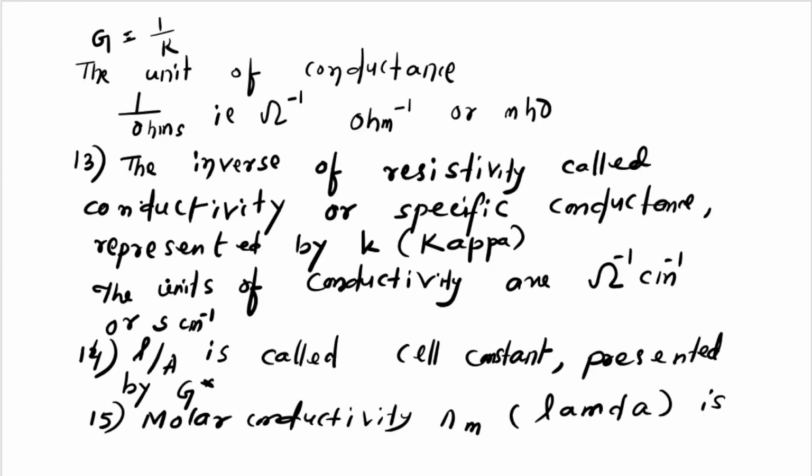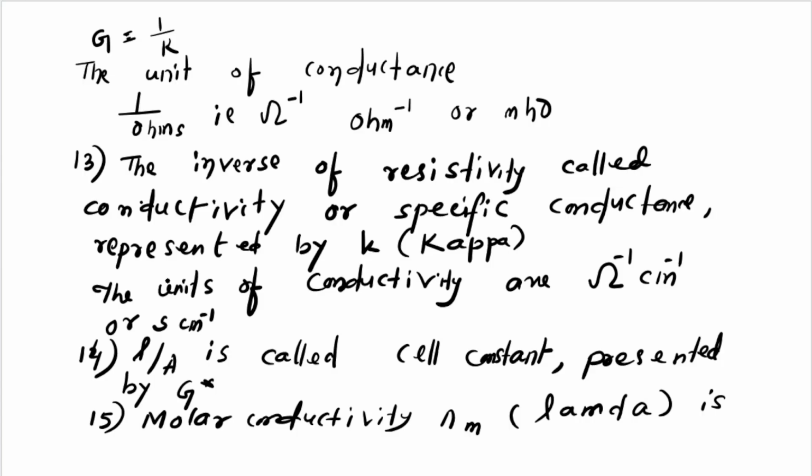The inverse of resistivity is called conductivity or specific conductance, represented by kappa.